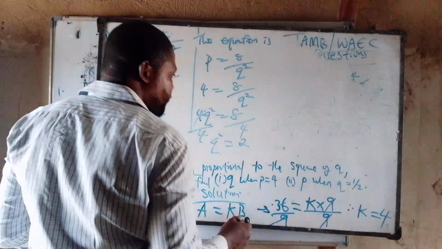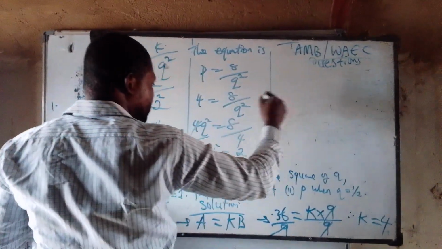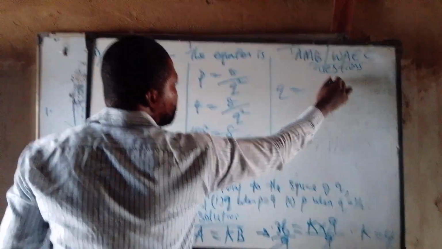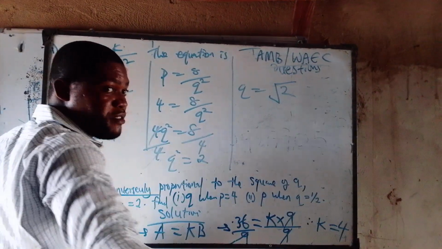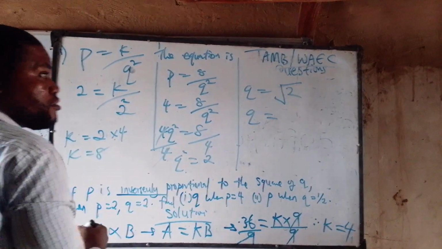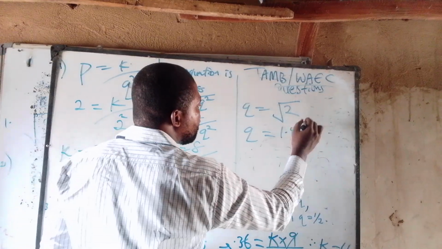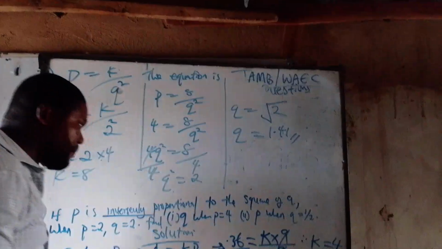Therefore, I will then get ordinary Q equal to the square root of 2. Let me confirm, the square root of 2 is equal to 1.41. This is my answer.